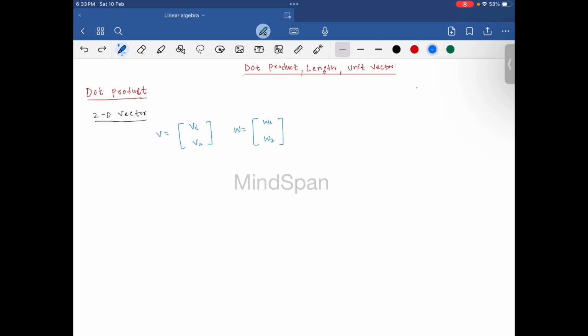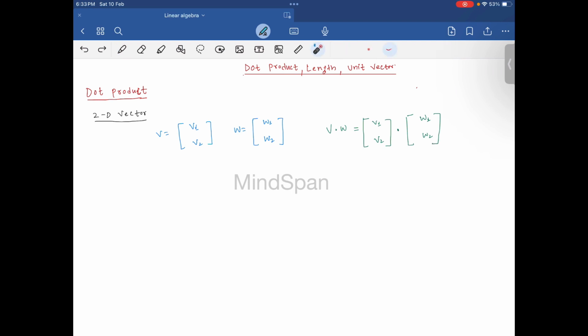Now we define the dot product as v dotted with w. So vector v has components v1 and v2, and w has components w1 and w2.